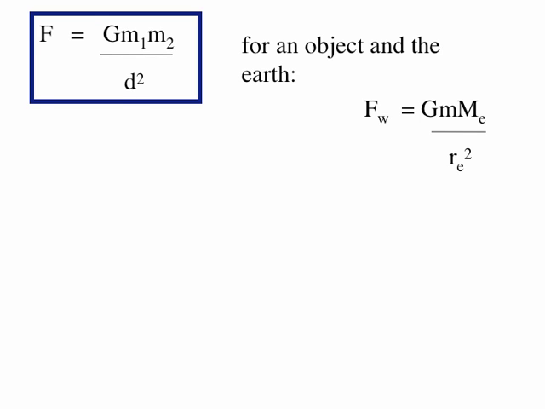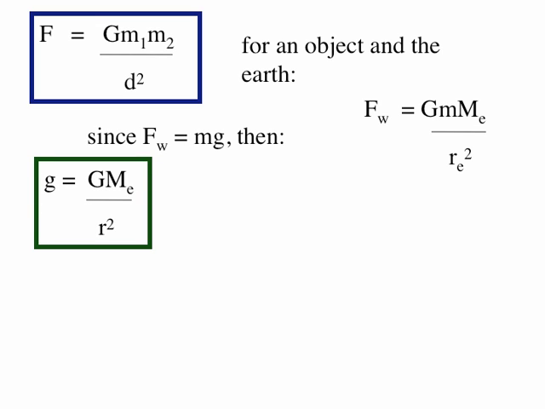Weight force would be capital G times the mass of the object times the mass of the Earth divided by the radius of the Earth squared, the distance from the center of the Earth. Since weight force is mass times gravity, that gives us an equation for gravity, and we understand that gravity is inversely proportional to the square of the distance we are away from the center of the Earth.